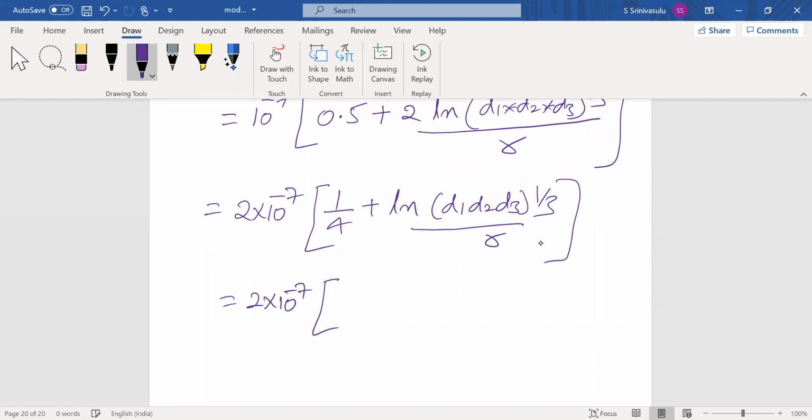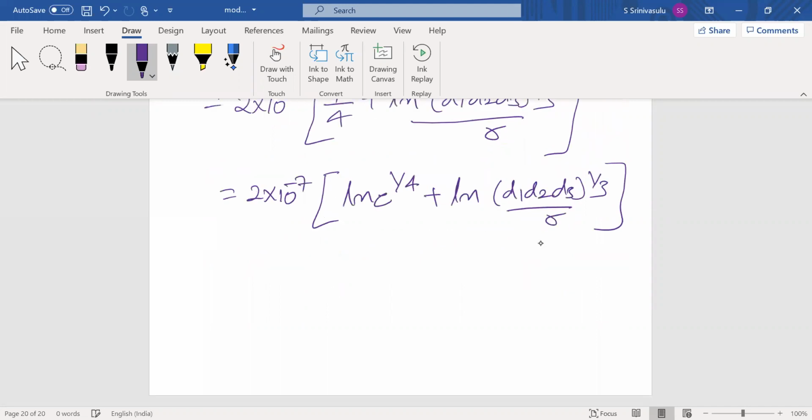Or again we simplify this, 2 into 10 power minus 7. You can write ln of e power 1 by 4. This is ln of e power 1 by 4 plus ln of d1, d2, d3 whole power 1 by 3 by r. Again, log a plus log b, again e power 1 by 4 into this one.